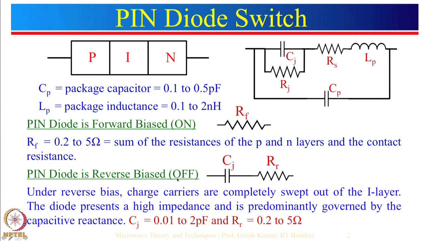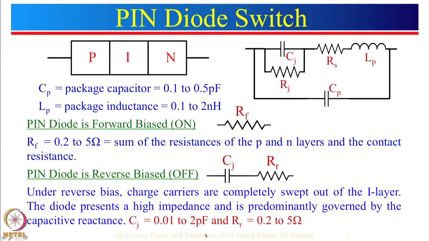When the diode is reverse biased, it is not conducting. So, this will behave as a junction capacitance in series with the resistance RR. The typical value of the junction capacitance can vary from 0.01 to 2 picofarad. You can see that this is a very small value of capacitance, and because of this very small capacitance, pin diodes can be used up to very high frequency.